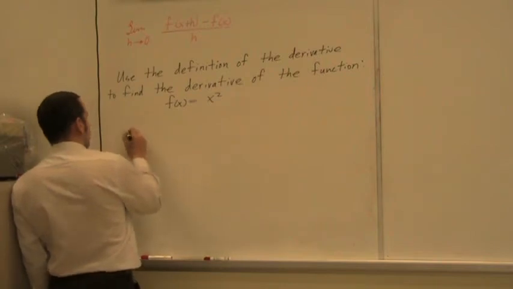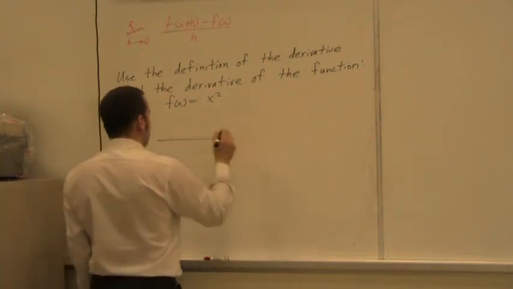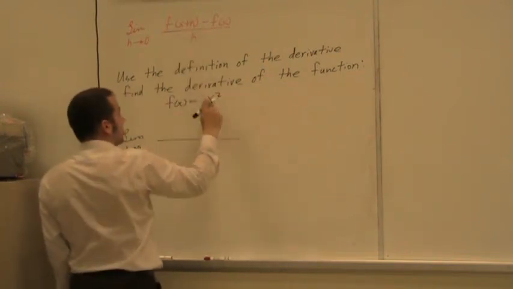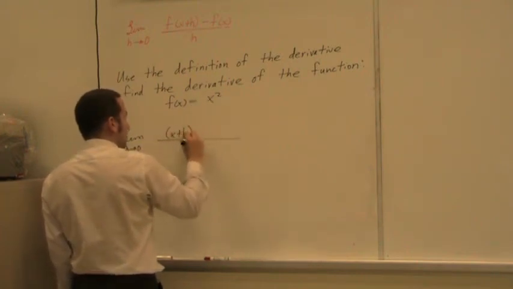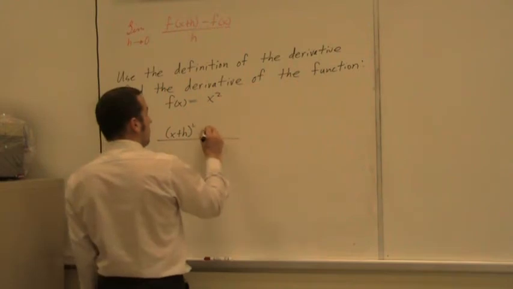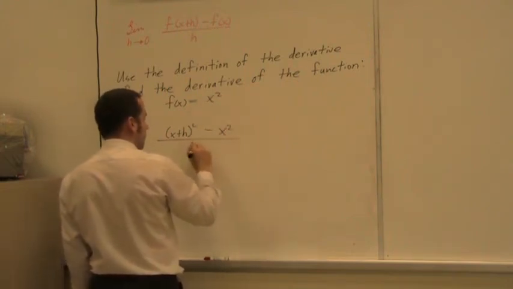So what we're going to get then is the limit as h goes to 0 of, again, subbing in x plus h for the function, x plus h squared minus the function itself, so minus x squared, all divided by h.